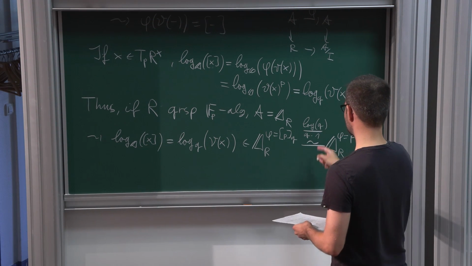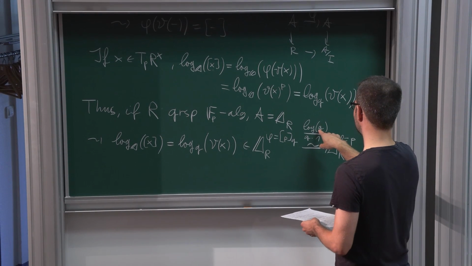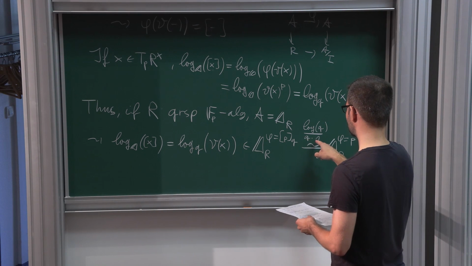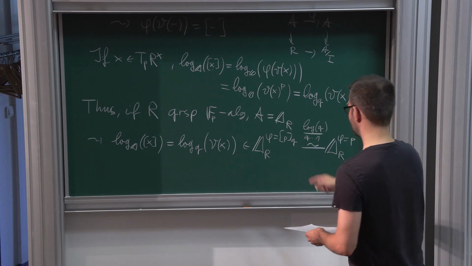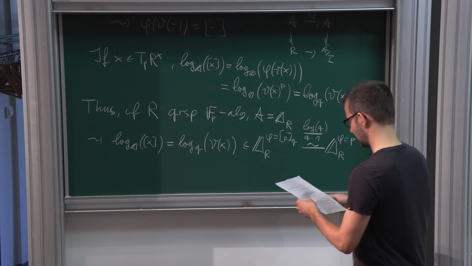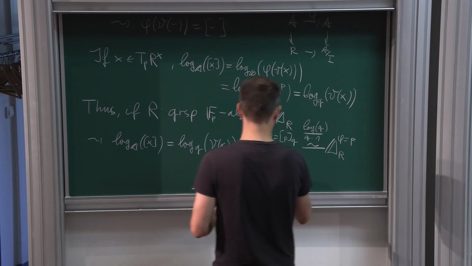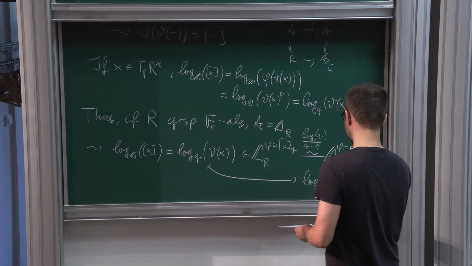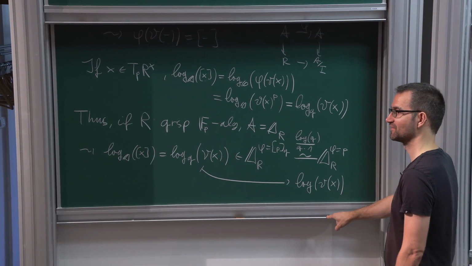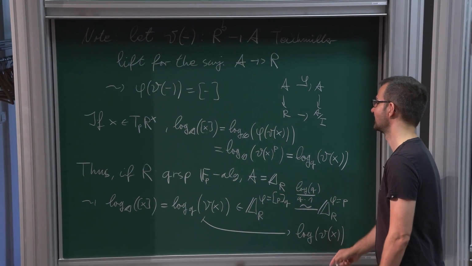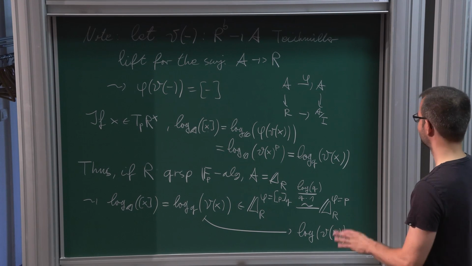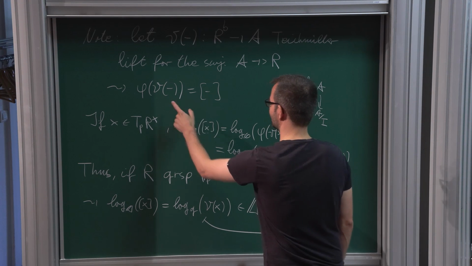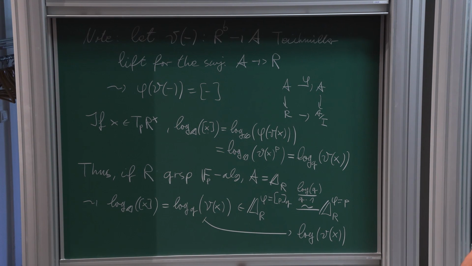So that's just a check, using that the logarithm of Q to the power P is P times the logarithm, and that the phi of Q minus 1 is like P Q of Q minus 1. And so then what we see is that this element here maps to the logarithm of the Teichmüller lift nu. So I've presented this here in detail because at least I already sometimes got quite confused about these different ways how one can lift to the prism.